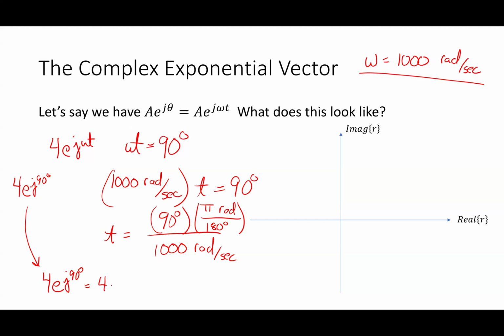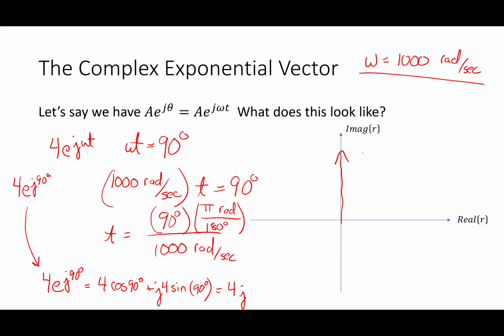Euler. So I say 4 cosine 90 plus j times 4 sine 90. What's the cosine of 90 degrees? 0. What's the sine of 90 degrees? 1. This guy is 4j. Where's that? Straight up.